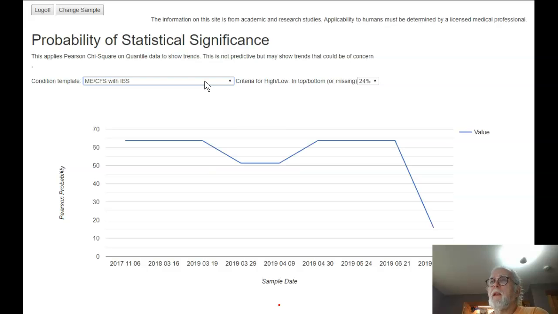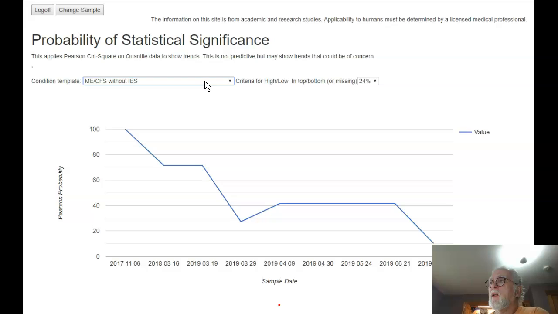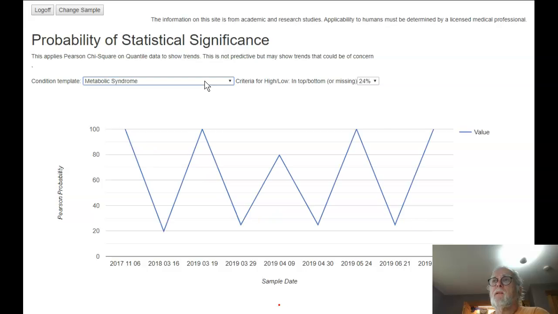Here with IBS, CFS with IBS, I don't match the pattern. Last time around, headed in the right direction, but I didn't have any particular IBS. Here without IBS, I'm more in that direction, so things have moved there, but it's not a tight fit.